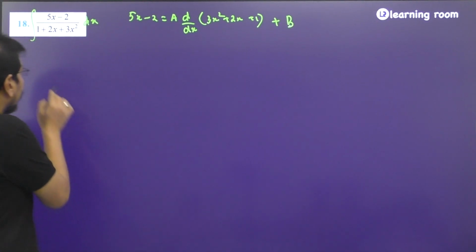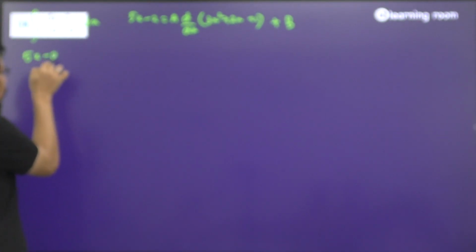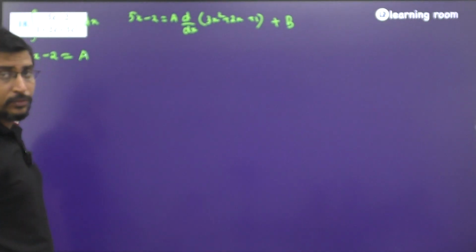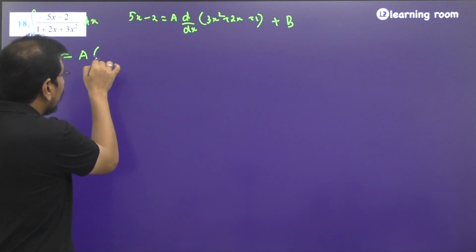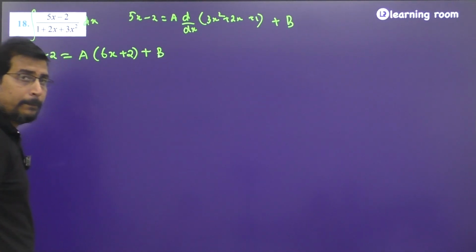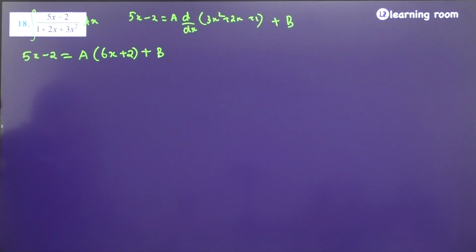Now this 5x minus 2 is equal to a into the derivative of 3x square plus 2x plus 1, which is 6x plus 2, plus b.